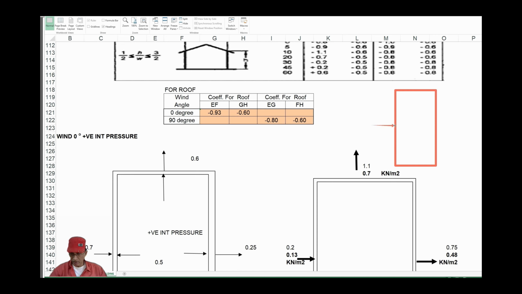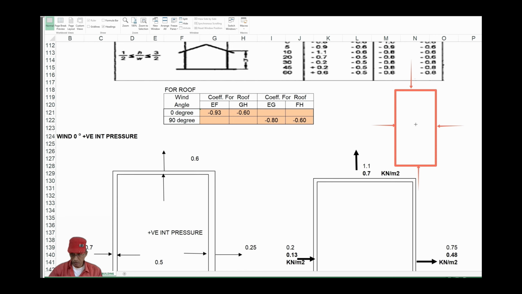This is the direction when the wind is acting at 0 degree. This is the direction when the wind is acting at 180 degree. This is the direction when the wind is at 90 degree. This is the direction when the wind is acting at 270 degree. Accordingly, we shall work out our wind load cases.